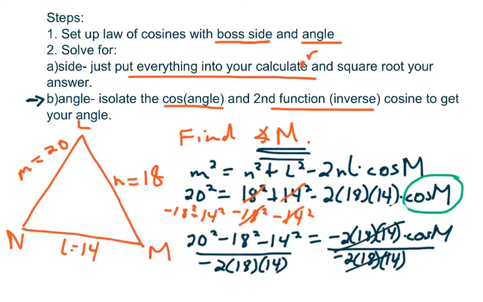So now I'm going to flip the page so I've got some room to work here. Before I do that, I've got to remember all this gets put into my calculator. Just remember that you do the top stuff, equals, divided by the bottom stuff. So your numerator divided by your denominator.